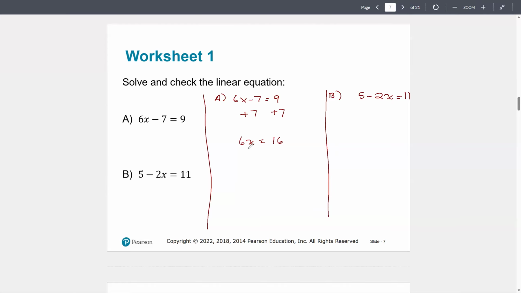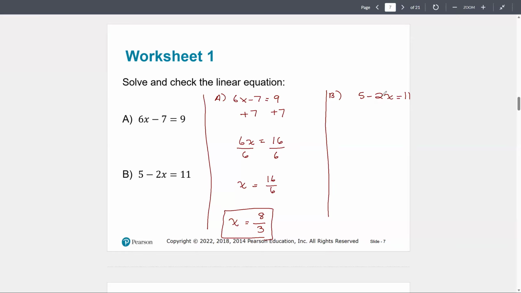Now we're going to divide both sides by 6, so x is equal to 16 over 6, which if we simplify, both of these are divisible by 2. So we're going to get 8 over 3. So yes, you can get fractions as answers.